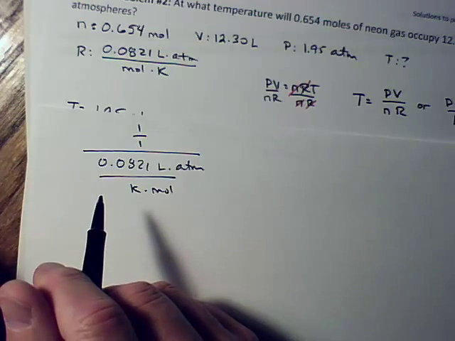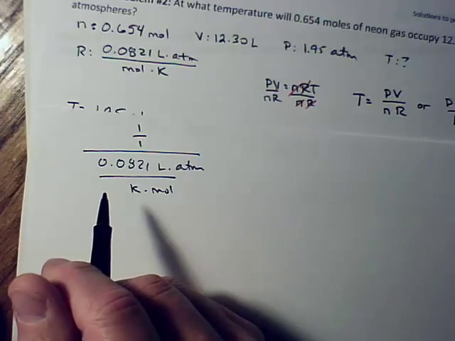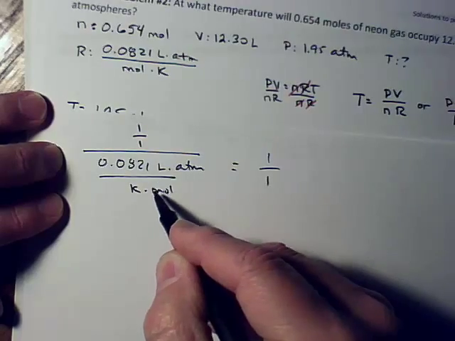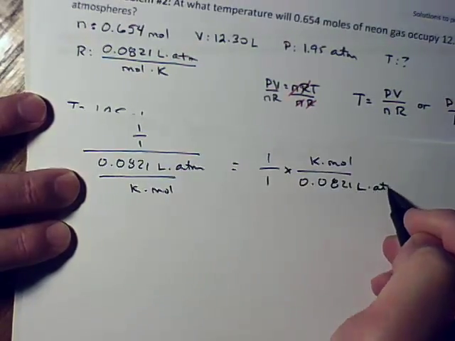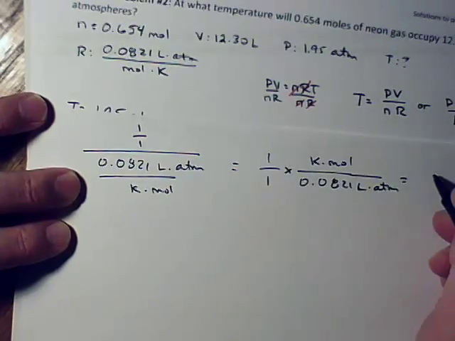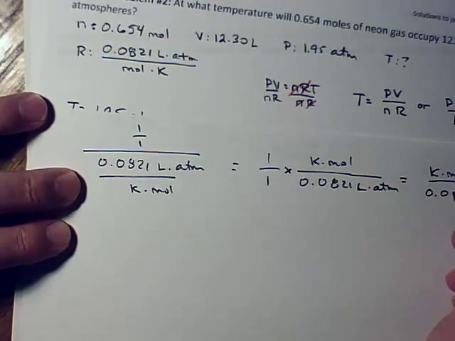The process you use to find a solution for that fraction is to write 1 over 1 and then invert this and multiply. That times that, 1 times this and 1 times this just gives you Kelvin times moles over 0.0821 liters times atmospheres.